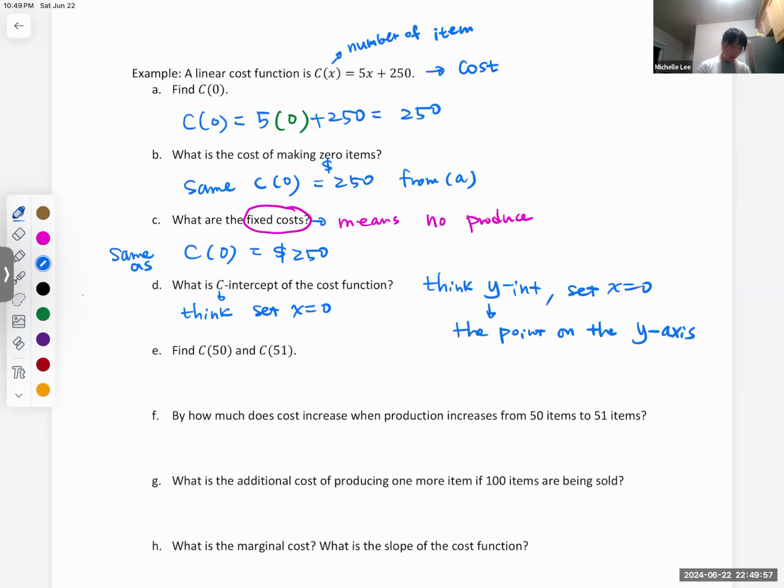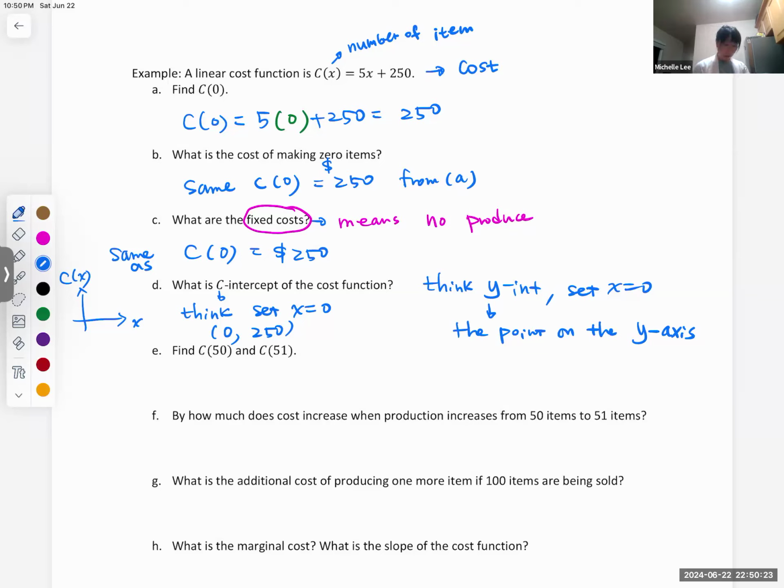So in that case, we have the x-axis and the C-axis. Then when x equals 0, what we had earlier, this is 0 and 250. So basically, A, B, C, D, everything is the same question, right?